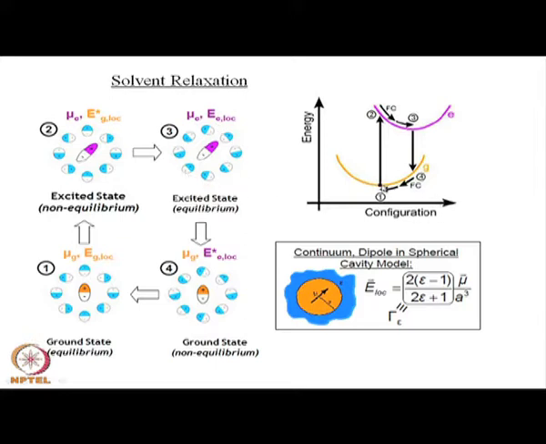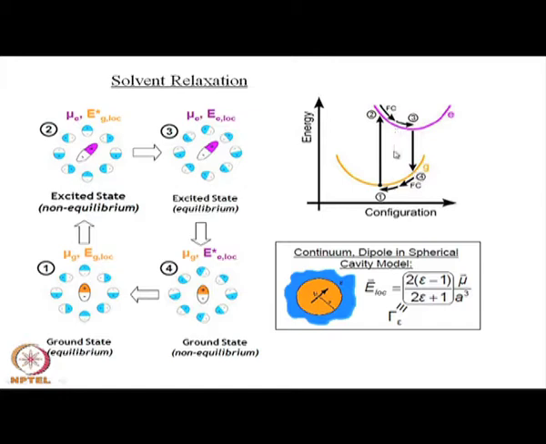So what is happening: excitation, then Franck-Condon to equilibrium excited state, then fluorescence, or maybe it can fluoresce from here as well, from here to here. Ultimately this is the lowest energy configuration, from which it will also emit, giving rise to the most red shifted emission.